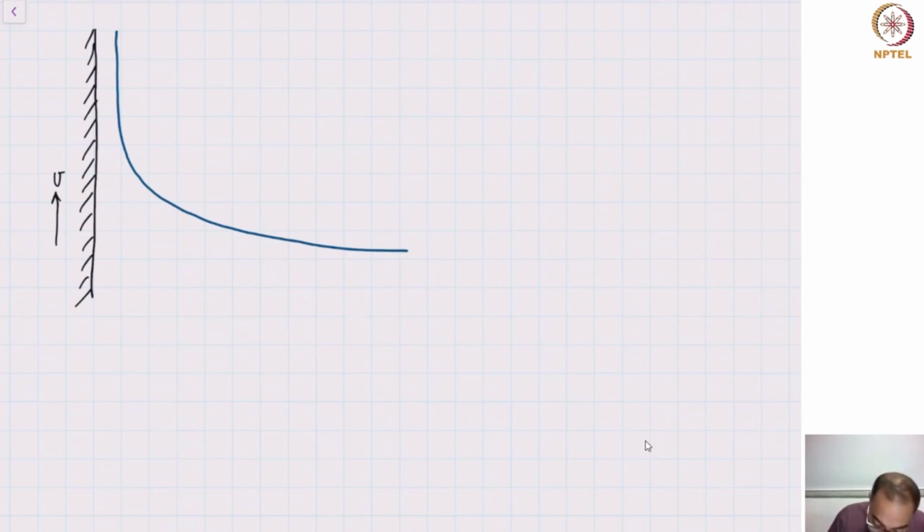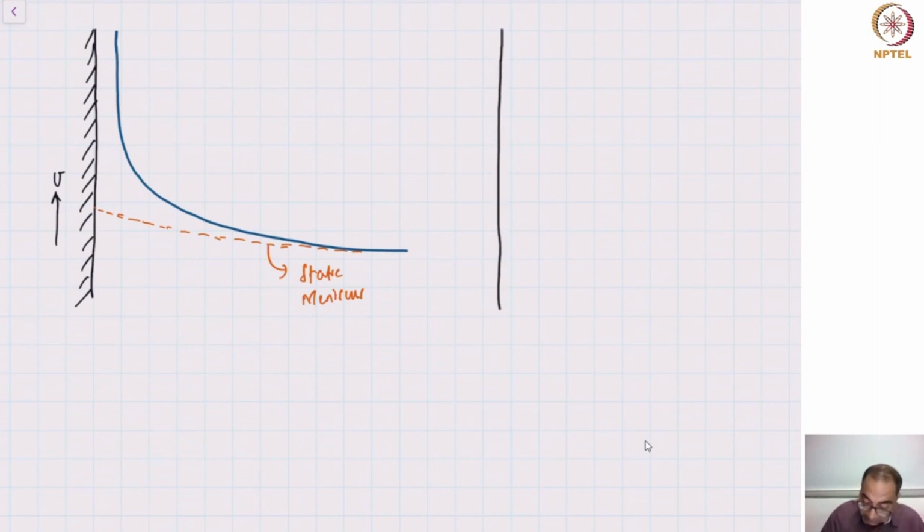So let's first look at the region where the dashed orange curve is what you can call the static meniscus. Why is it a static meniscus? Now, if you were to do this problem, this is where the method of matched asymptotic expansions becomes useful.